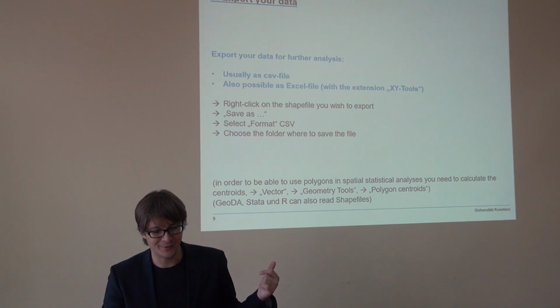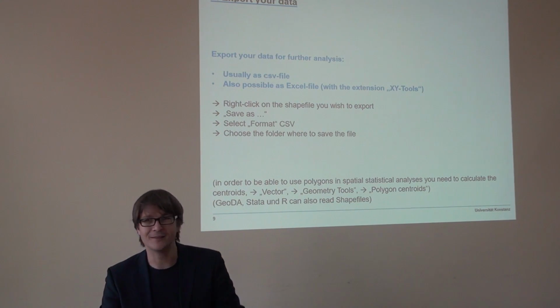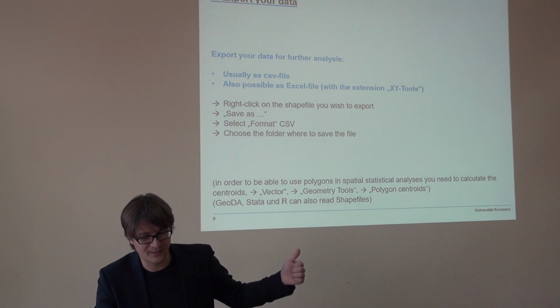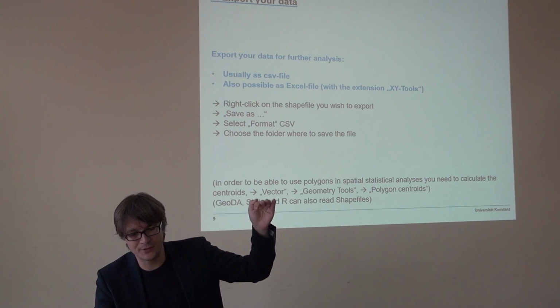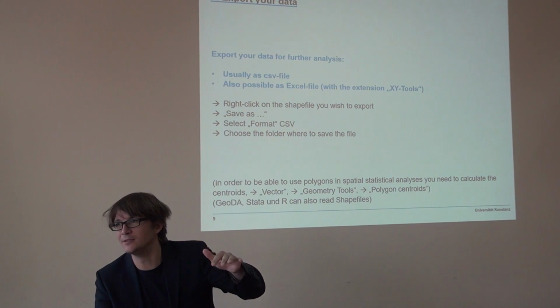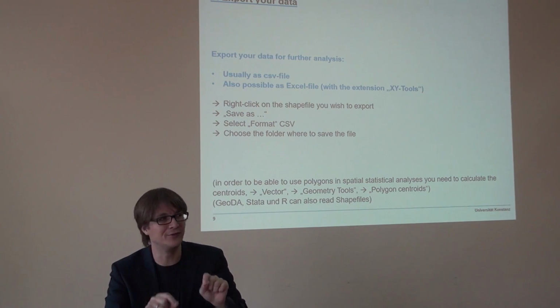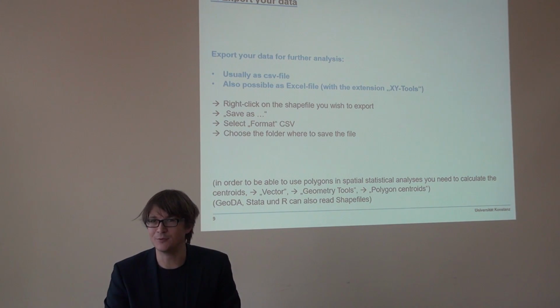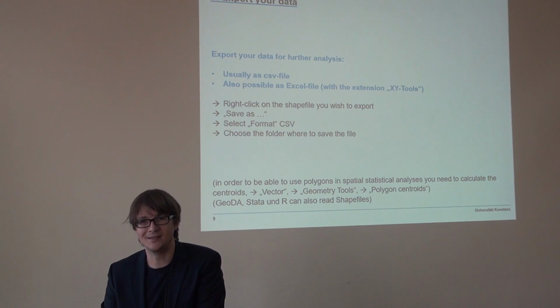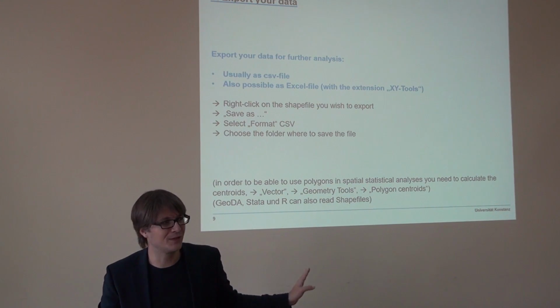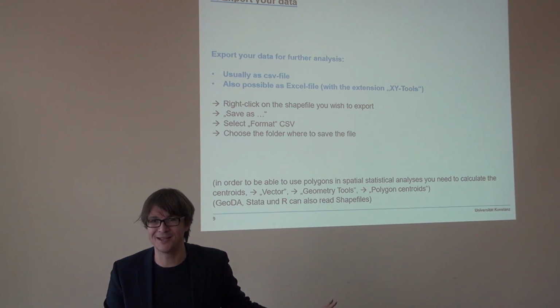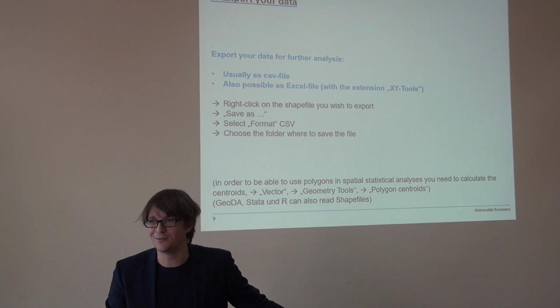And in order to extract the centroid, that is the central point of this area, you can do it like this: menu vector, then geometry tools, then polygon centroids, and then it extracts the latitude and longitude of the middle of this polygon. And sometimes that's useful for your further statistical analysis. But that's something that I just wrote on the slides in case you have this problem.